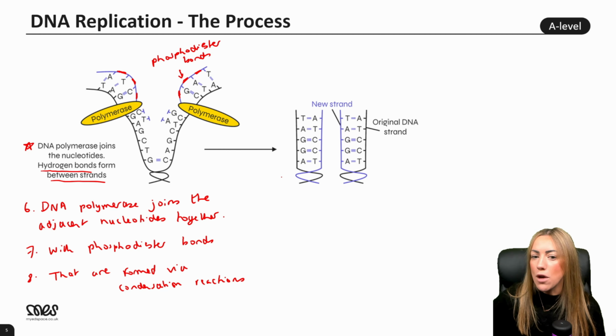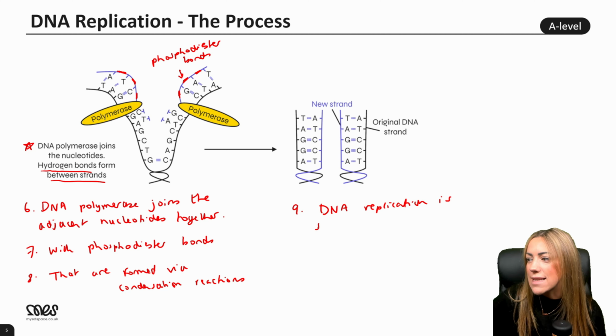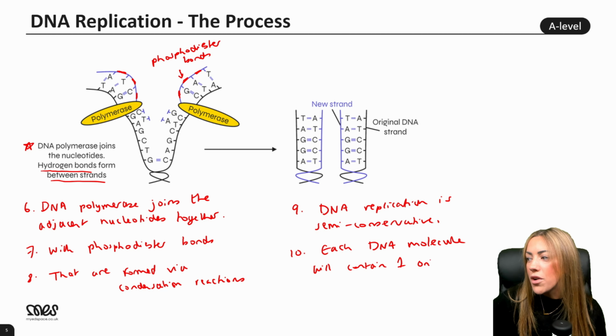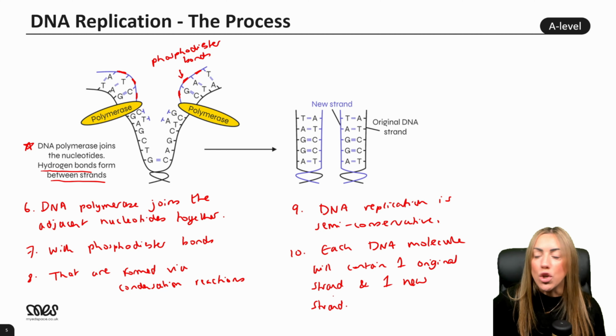Let's just finish it off though, because we can sometimes get credit for saying DNA replication is semi-conservative, which we can kind of see on this last diagram here. What that means is each DNA molecule that we've produced will contain one original or old strand and one newly synthesized or one new strand.